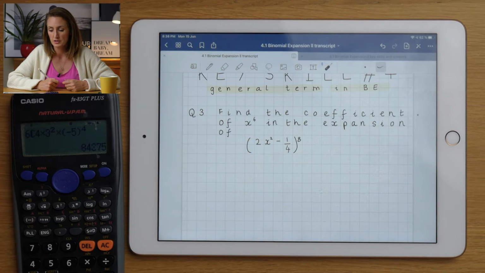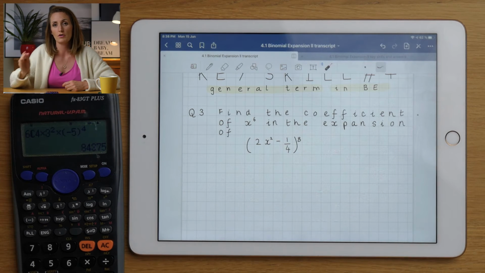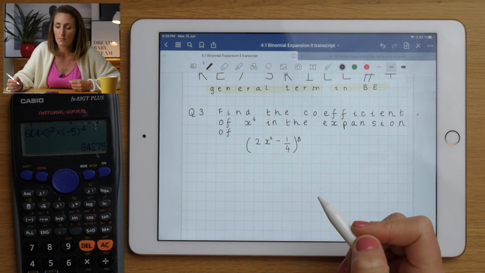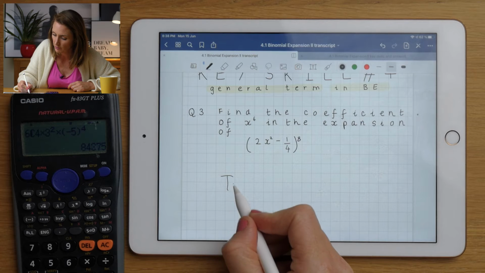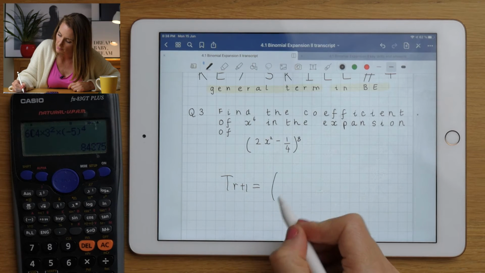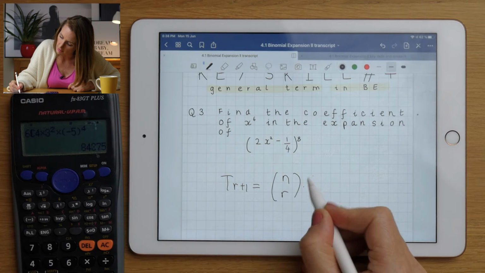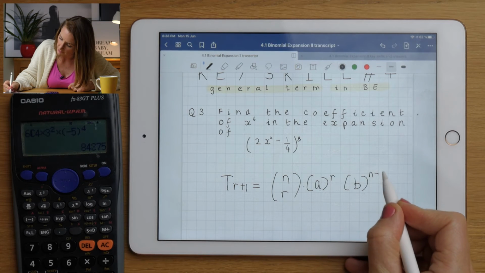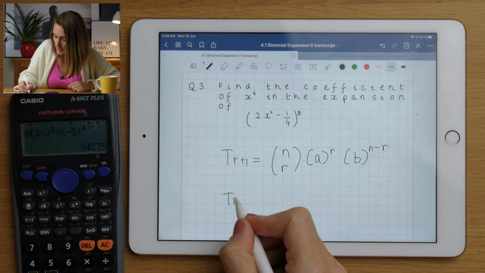Now it's also useful here. Find the coefficient of x power 6 in the expansion. In this question, we haven't been told which number the term is, but we've been told the power of x. So like previously, we're going to start by working out the general term. I'm going to write the formula down. T R plus 1, n choose r, a power r, b power n minus r. So we're going to fill this guy in.